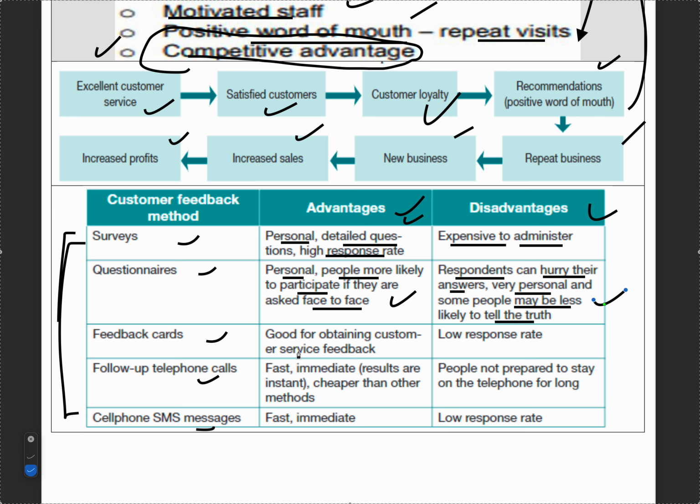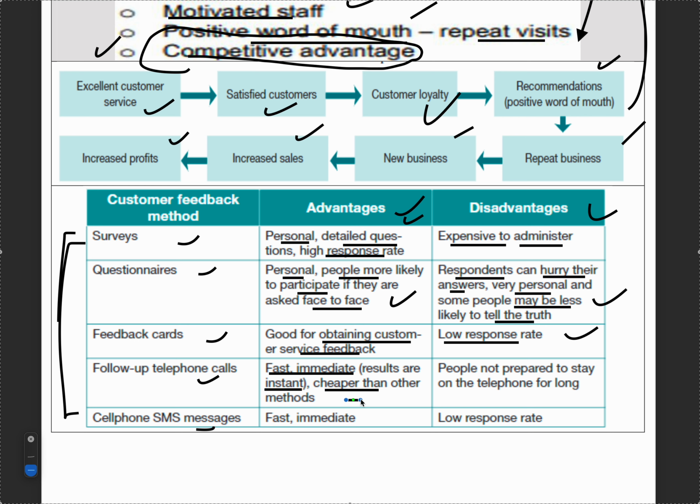The feedback card is good for obtaining customer service feedback, but the disadvantage is a low response rate. Some people don't even write, they don't respond. Follow-up calls: the advantage is that they are faster, with instant results, something that happens now, and quite cheaper than other methods.